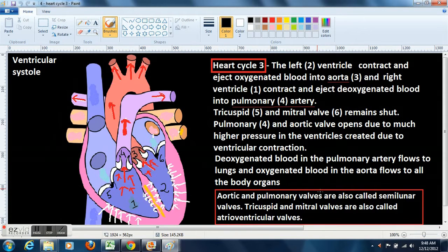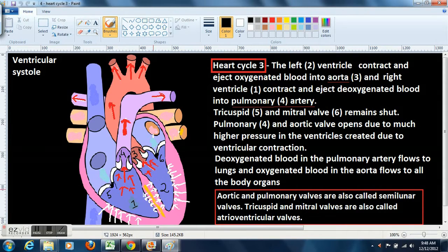Now let us go to heart cycle 3. In this cycle, the ventricle contracts. Earlier we saw the atrium, it was relaxing, then it was contracting. Now it is the turn of the ventricle.